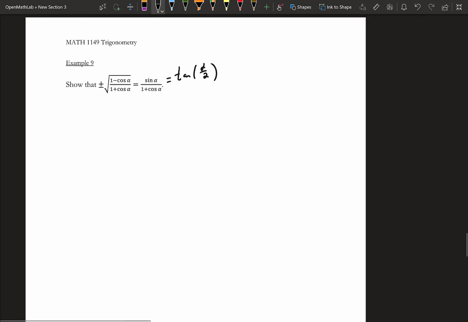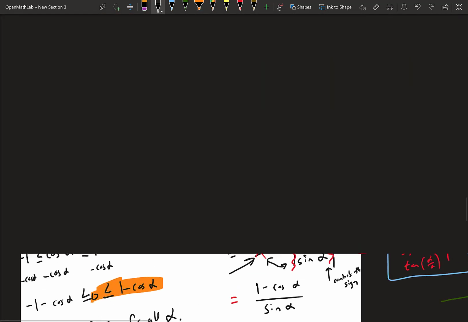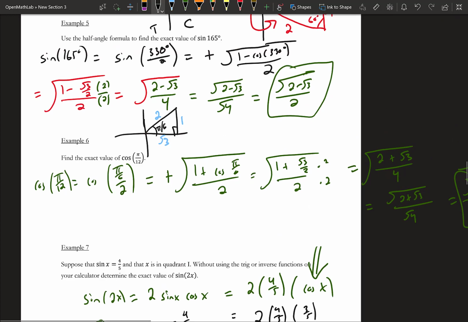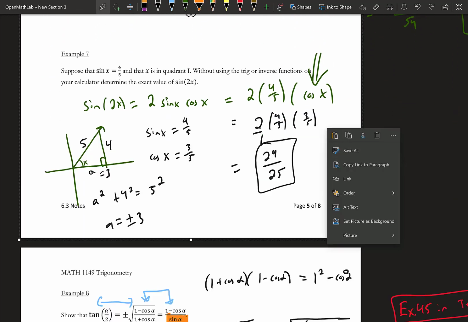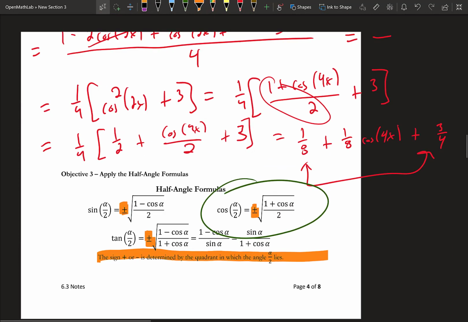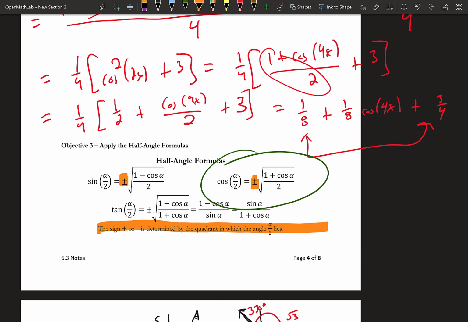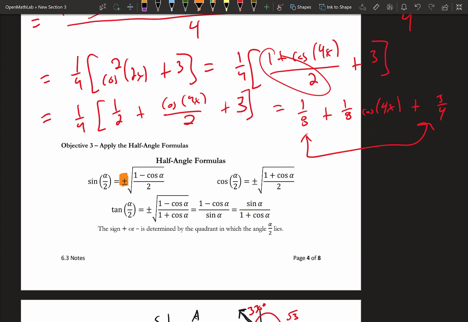If I go back to, I think, page 4, what we're working on through these examples is showing these two parts. So we just did this one, and now we're trying to work on this one.